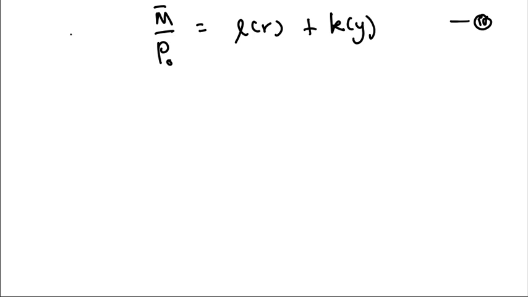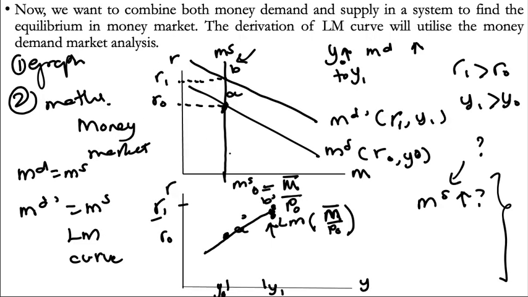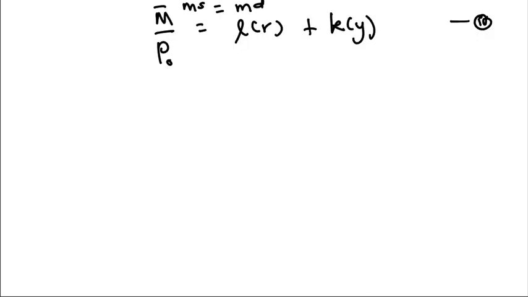As you can see, the left hand side is money supply, the right hand side is money demand. So it is money supply equals money demand in real terms. Okay, before we derive, you must understand the concept of derivation first. If you look at the derivation here, at point A moving to point B, did you see any change in money supply, nominal and also real? No change, isn't it? So remember that.